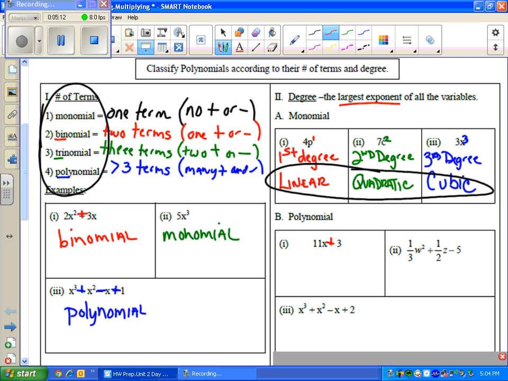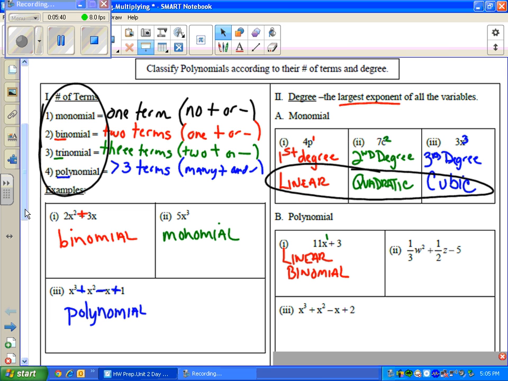The key, though, as we look at the largest exponent is the 1 that's on the x. So first degree means it's going to be linear. Two terms means it's going to be a binomial. This is a linear binomial. Take a look at number 2.